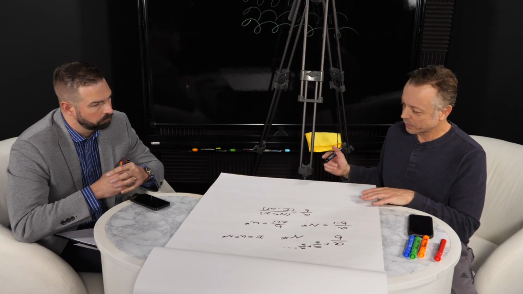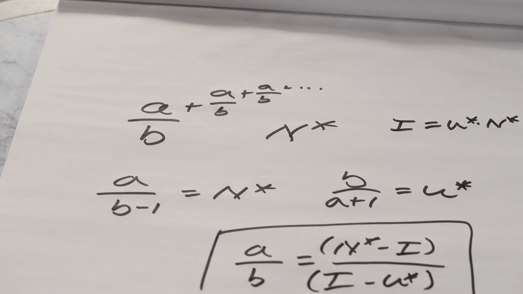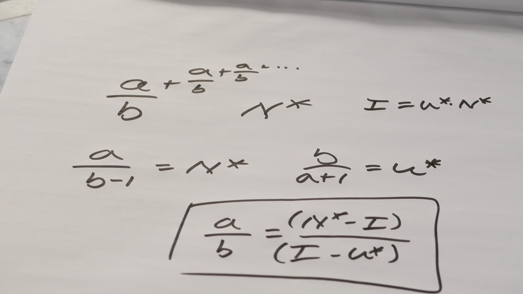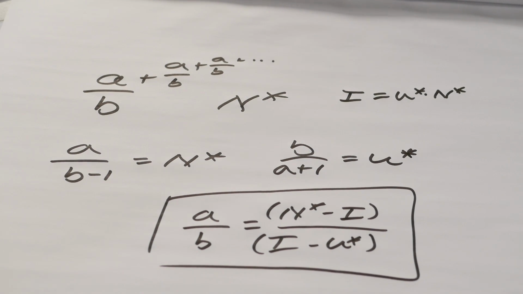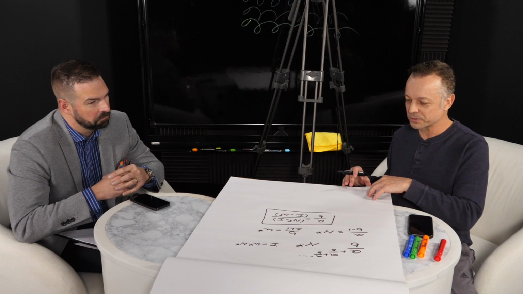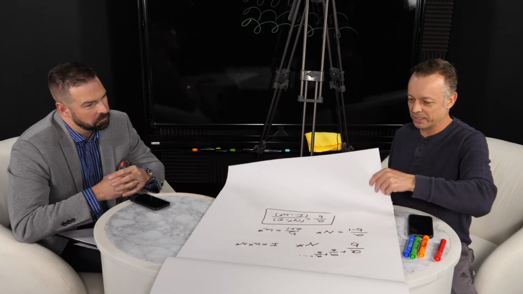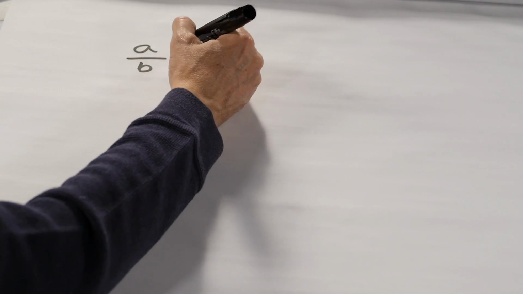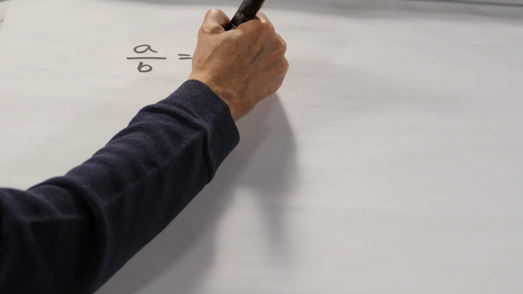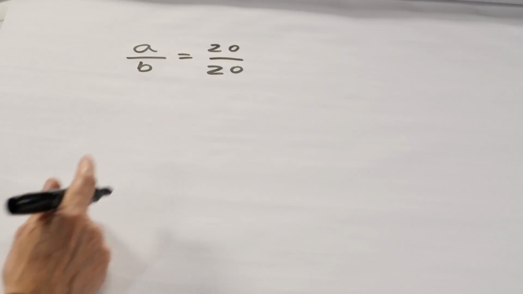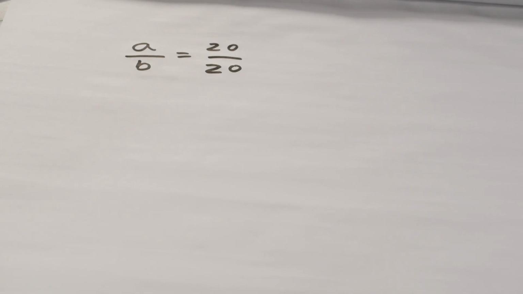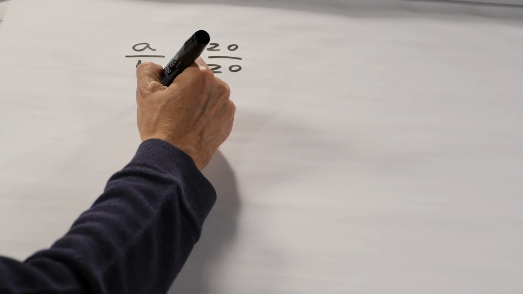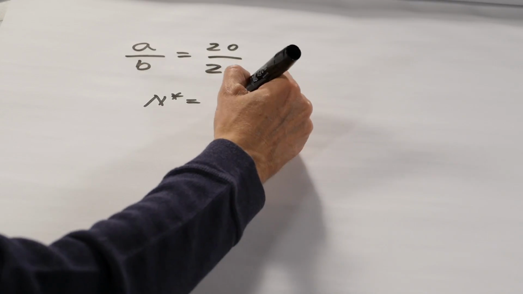So what's a trick though, is this still works if A and B are identical. So this is really strange. So I'll go ahead and demonstrate that. Sure. All right, so if we have A over B, and let's let that equal 20 over 20, right? So in this case, what we would have is that N star would equal 20 over 19.